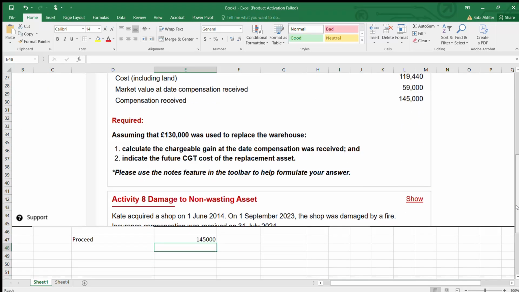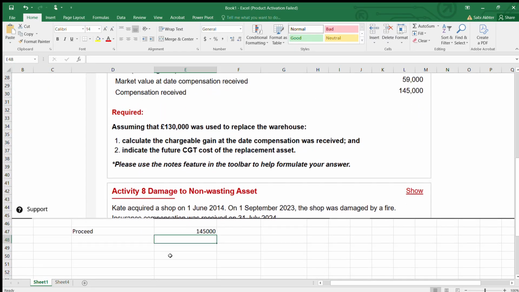Okay. So here it will be treated as a part disposal. So we need the cost of building.